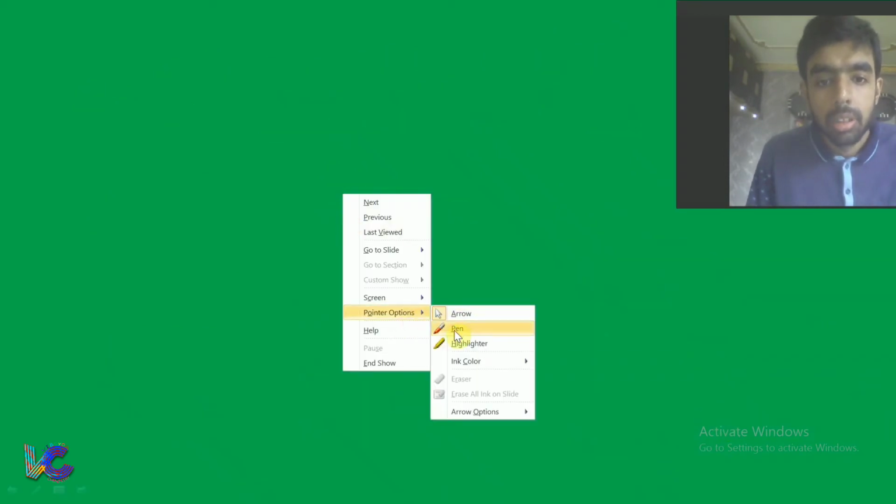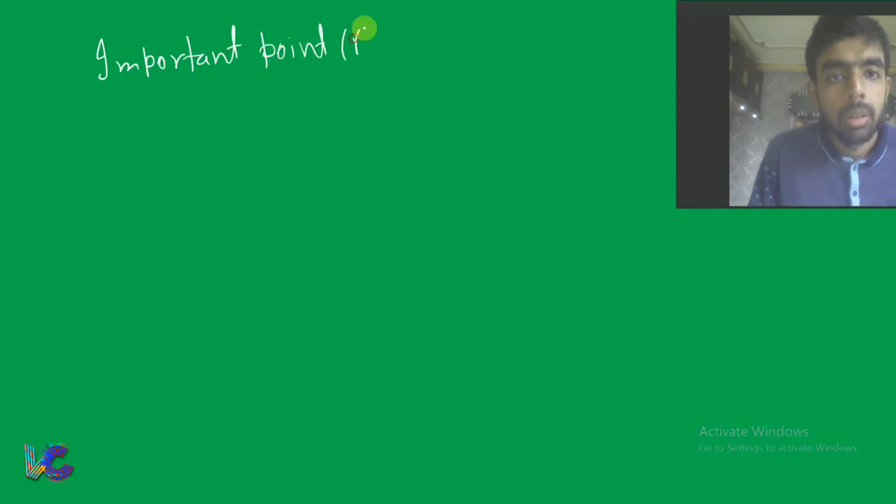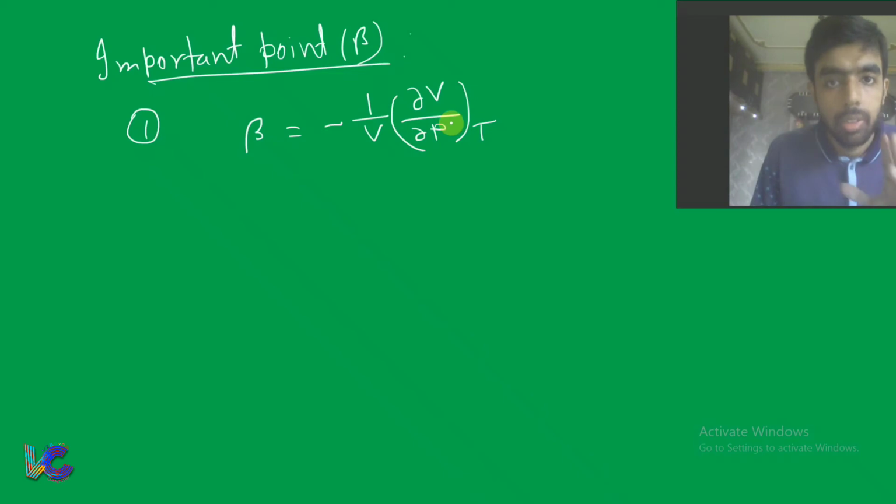Now let's talk about some important points regarding beta. If you see the expression of beta, it is minus 1 by V del V by del P at constant T. Fine.